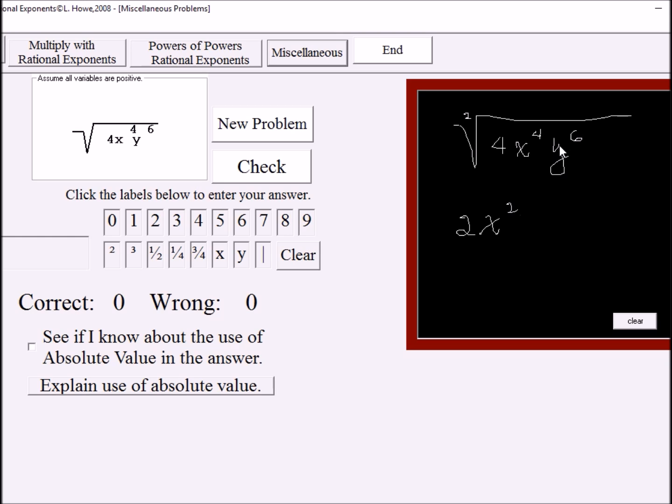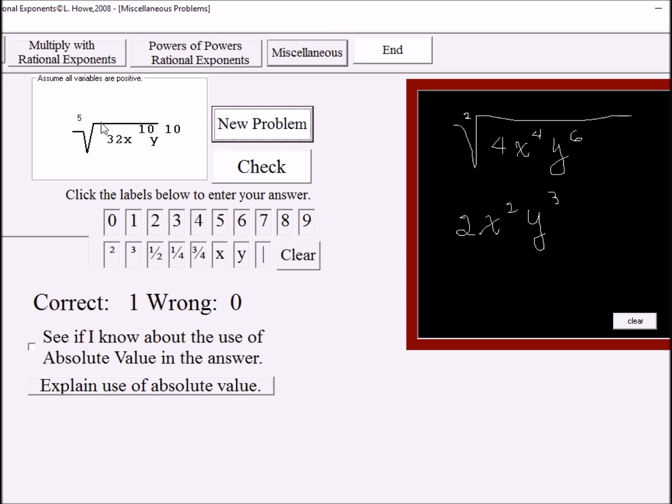This is the same as 6 to the 1/2 power, so this would be y to the 3rd. And this is how you enter this: 2x squared y cubed. Check, we win.